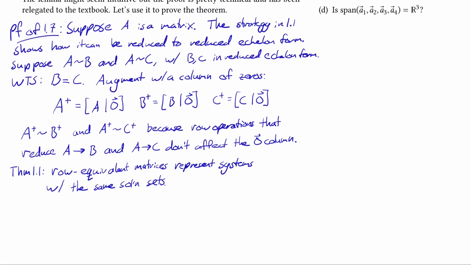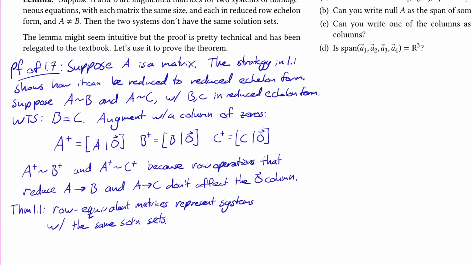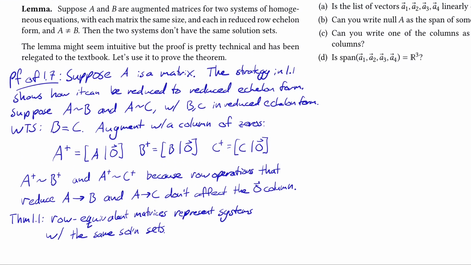And if they have the same solution sets, what does the lemma say about that? Well, it says if B plus and C plus are augmented matrices that aren't equal to each other, then they don't have the same solution sets.